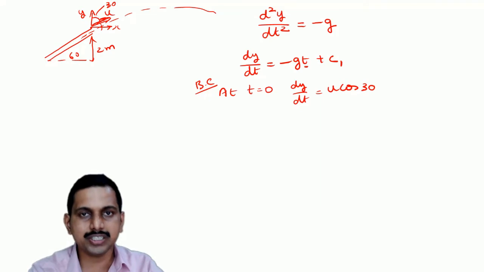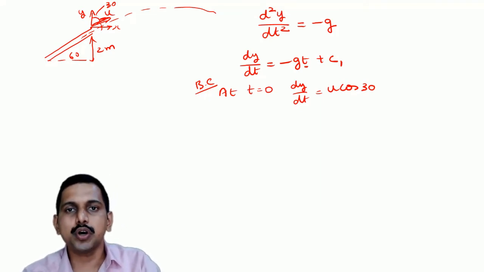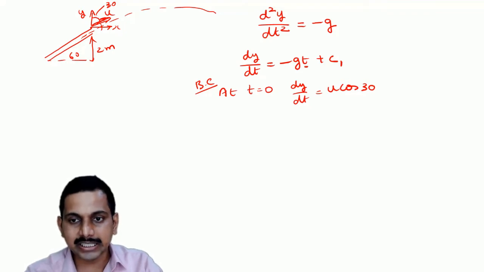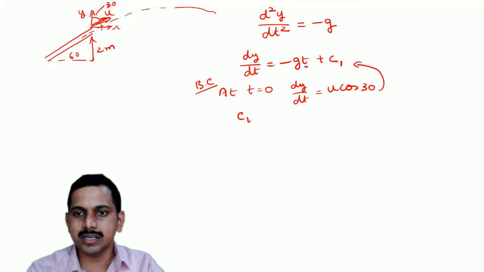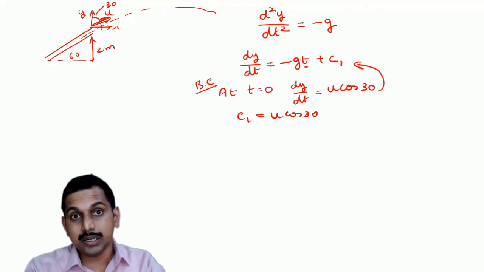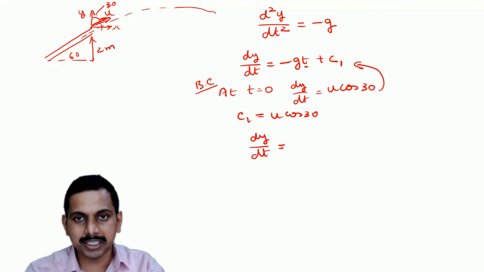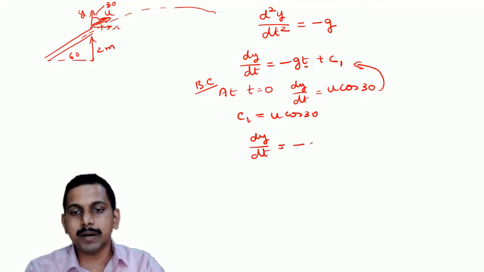Correct? U is the velocity with which it is coming out. So u cos 30 is the velocity with which it is coming out. Now if that is the case, applying this here, we get C1 is equal to u cos 30. That means my vertical velocity, dy by dt, is equal to minus gt plus u cos 30.